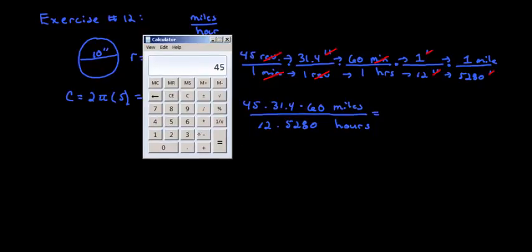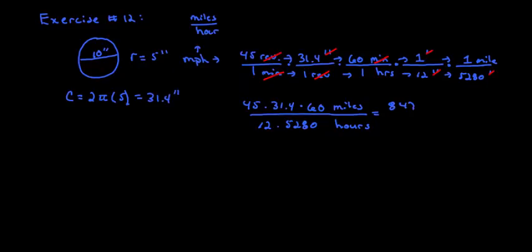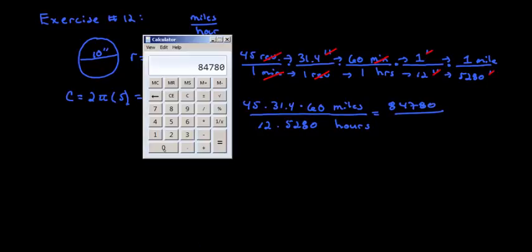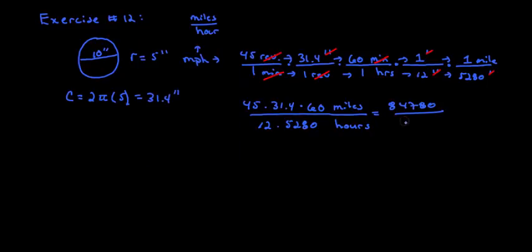So now we'll do our multiplication out here. So I've got 45 times 31.4 times 60, so 84,780. And then at the bottom, I've got 12 times 5,280.